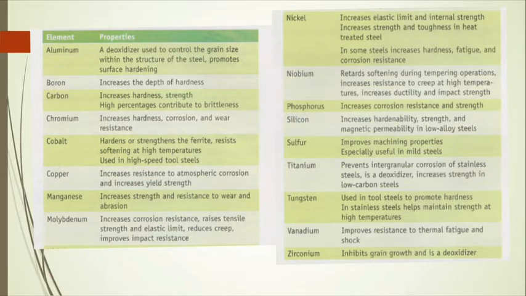As we can see in the table here, the element being added and the properties it produces is shown here. As you add aluminium in the carbon steel products, aluminium is a deoxidizer used to control the grain size within the structure of the steel, which promotes surface hardening.